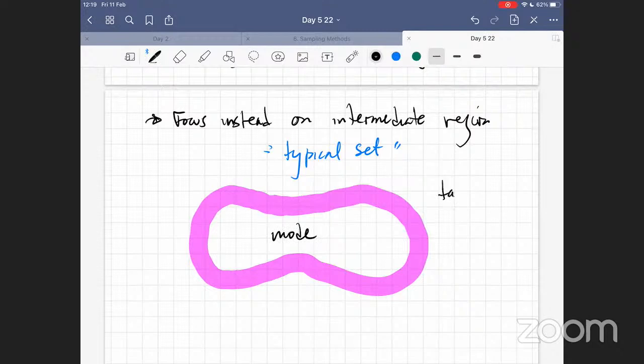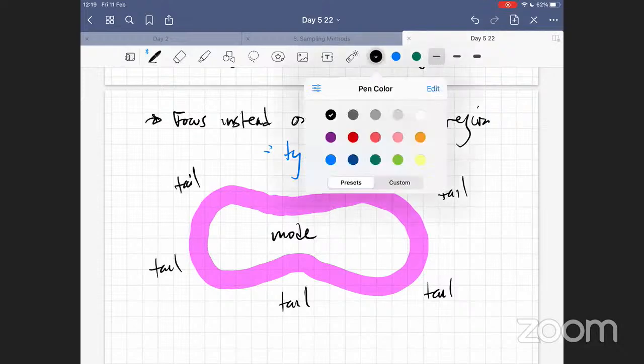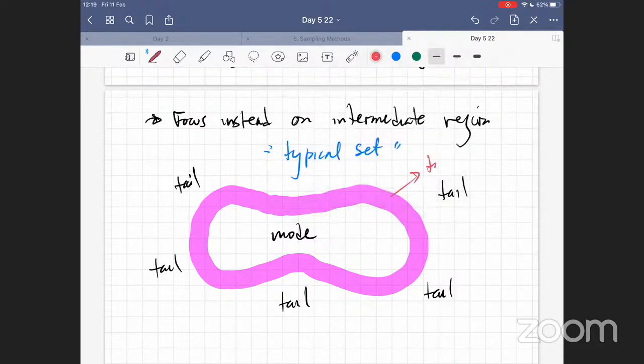And outside the typical set, you have the tails everywhere. And this is the typical set.